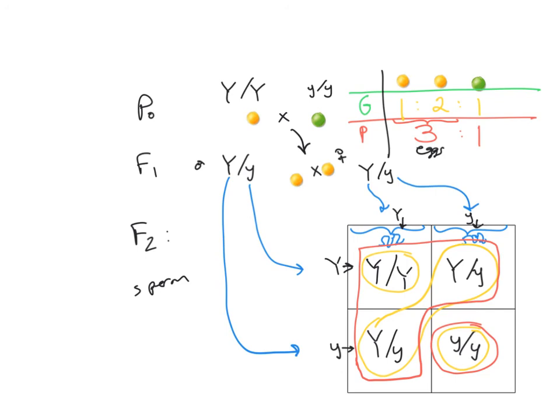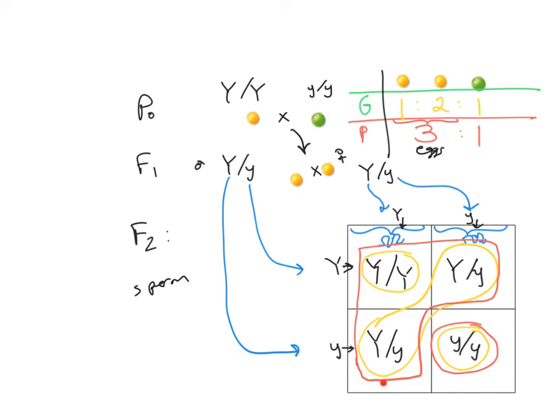In other words, and this is important, if 2 F1 individuals of the same genotype, both heterozygotes, are mated, the Punnett square predicts 2 things: a 1 to 2 to 1 genotype ratio in their offspring, the next or F2 generation, and a 3 to 1 ratio of phenotypes, and that's because the dominant allele occurs and produces the same phenotype in the homozygotes as well as in the heterozygotes.